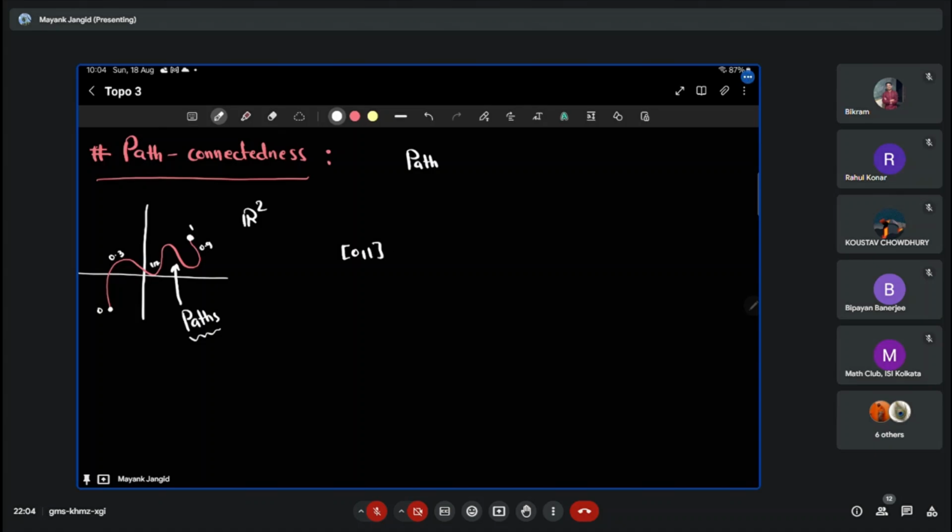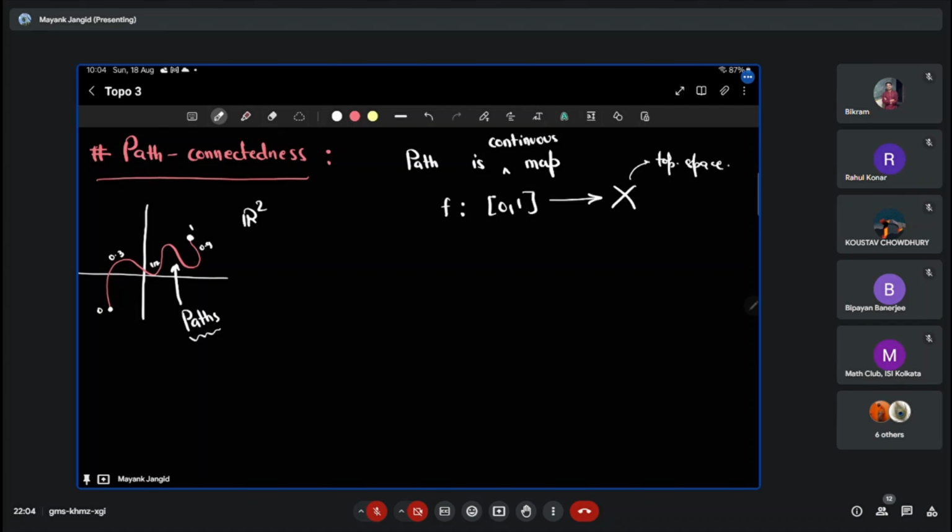A path is a continuous map f from the closed interval [0,1] to X, which is a topological space.